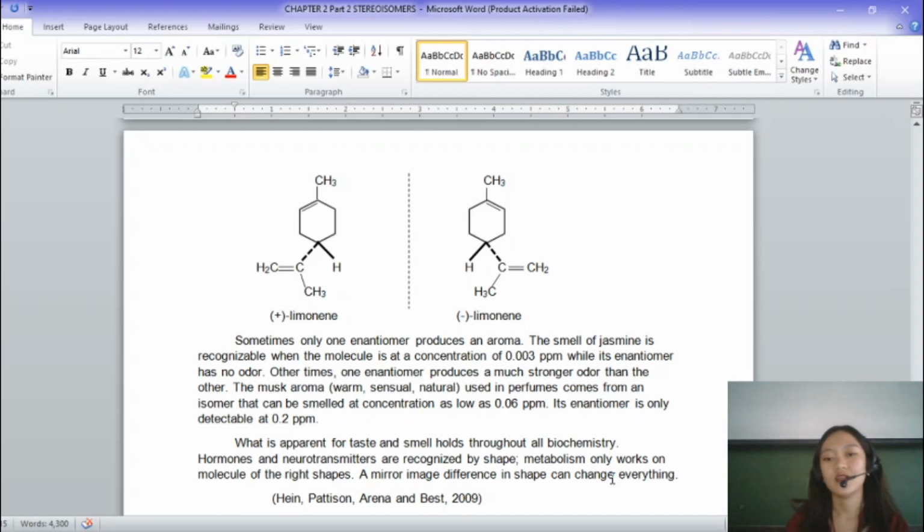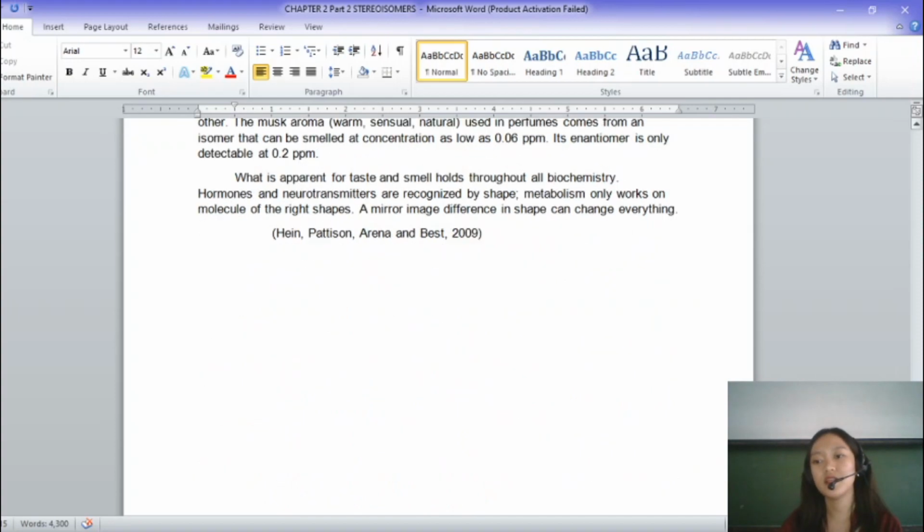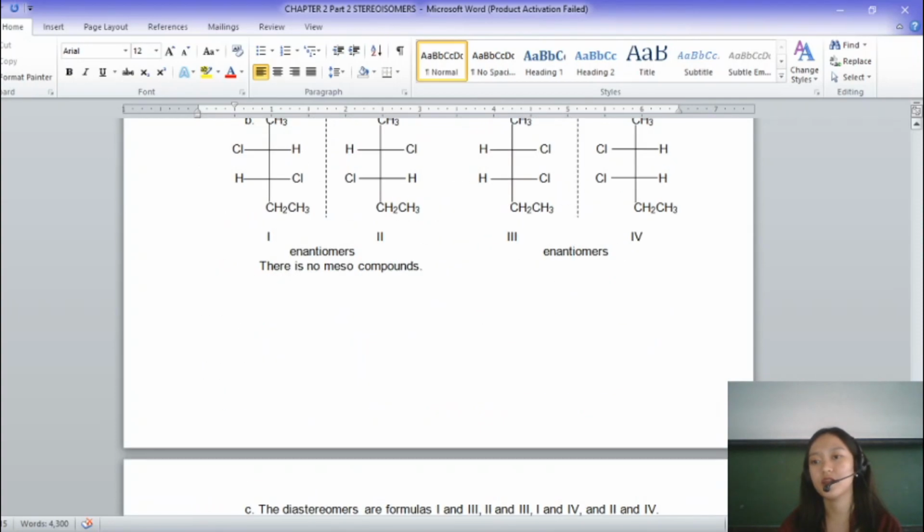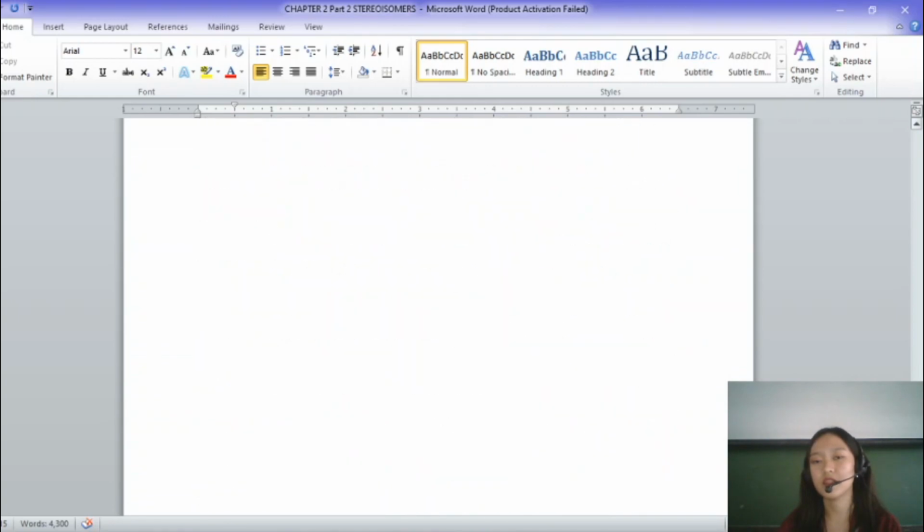Okay, so remember stereospecificity, or stereospecific reactions. Your biological processes exhibit stereospecificity, meaning they are specific only to a certain type of isomer, either positive or negative. Okay, so that sums up the lesson for our second part of stereoisomers.